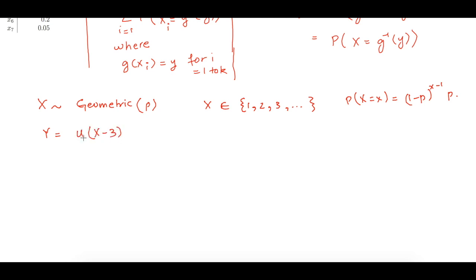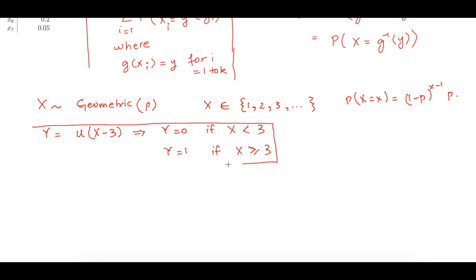So what does u of x minus 3 mean? This means y is equal to 0 if x is less than 3 and y is equal to 1 if x is greater than or equal to 3. Okay, so this is what it means, that we have a function like this. So let's draw this.